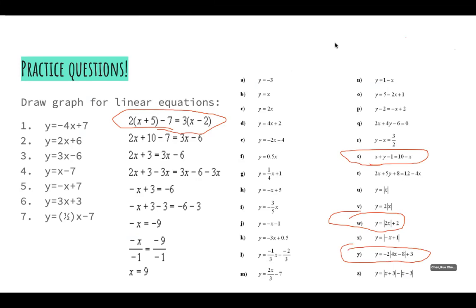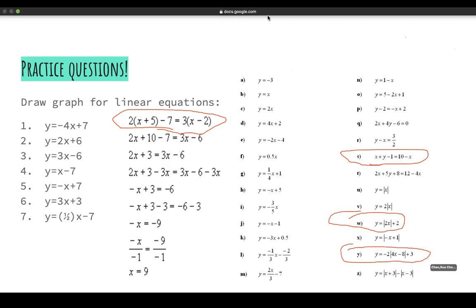This one, and this one. So first we look at the first one.